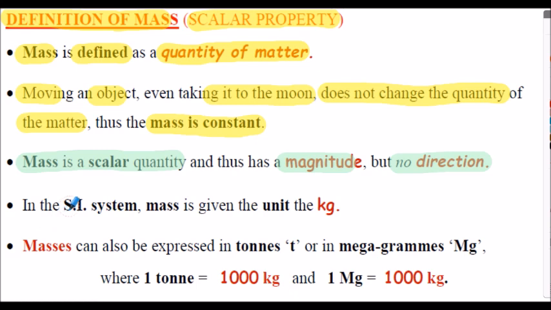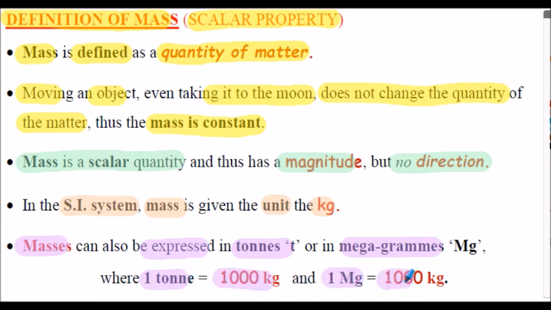In the SI system, mass has the unit of the kilogram. Masses can be expressed in tons or in megagrams. And it's worth remembering that 1 ton is 1,000 kilograms and 1 megagram is 1,000 kilograms.